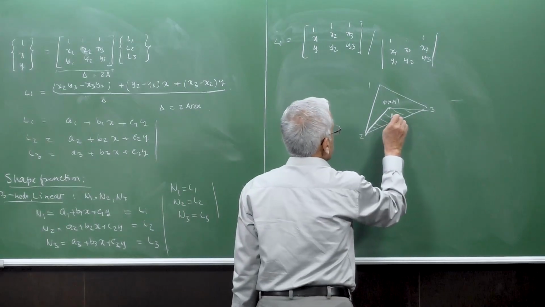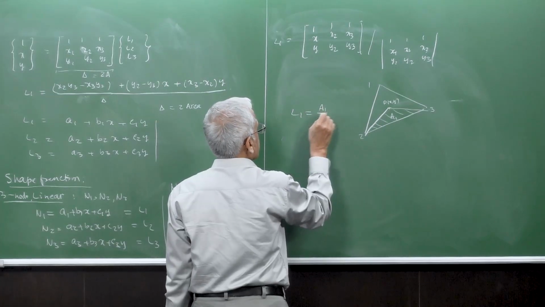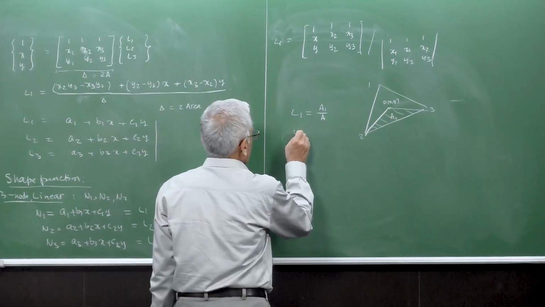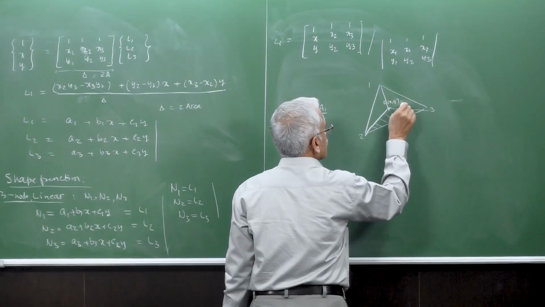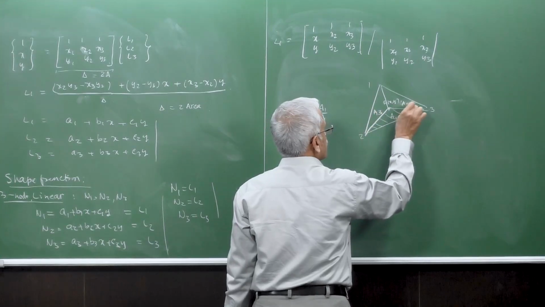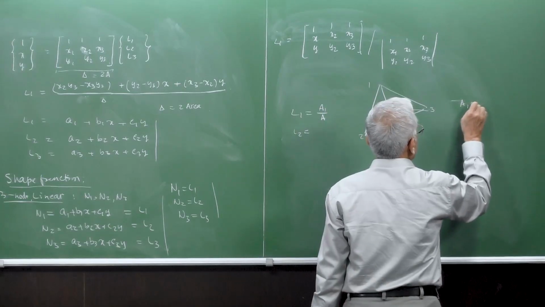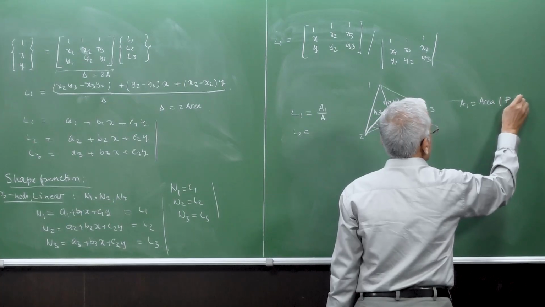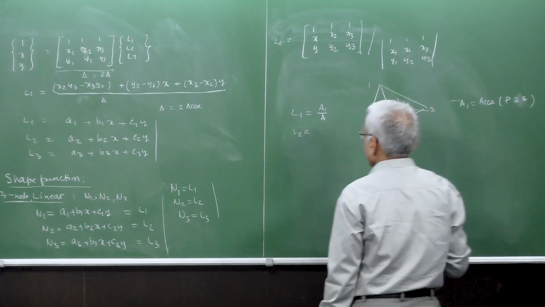So if you call this A1, then L1 is nothing but A1 divided by the total area A, and this is A2 and this is A3. Area A1 is nothing but the area of P x2 P2 3, like that.